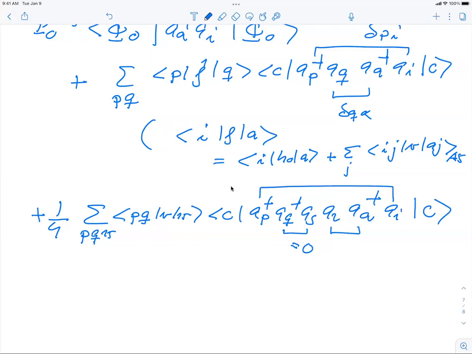So if you now start looking at what you have here, you will see that all these terms will always have a contraction where you have operators within the same normal ordered string of operators. So the final term here with the two-body interaction is going to be 0.